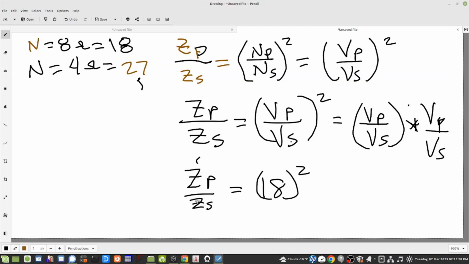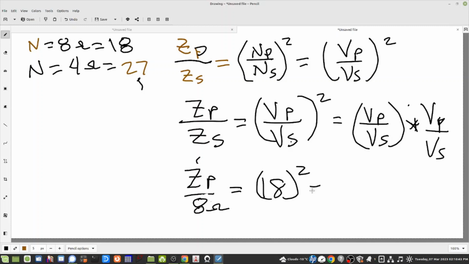So let me just clean that up a bit, because I really wanted to put 8 ohms in here. All right, 8 ohms. Now, all we need to do is square this number, multiply it by 8, and that gives us ZP.